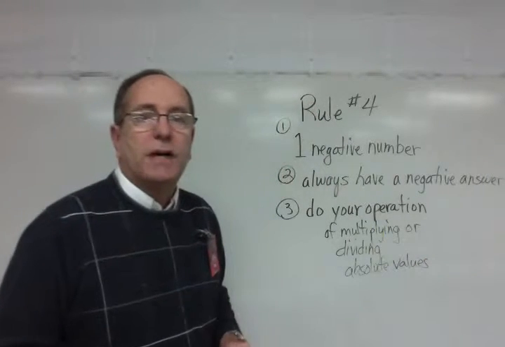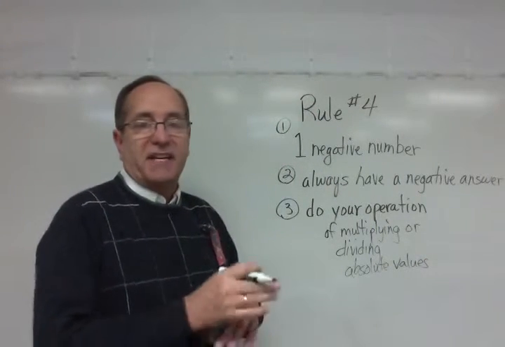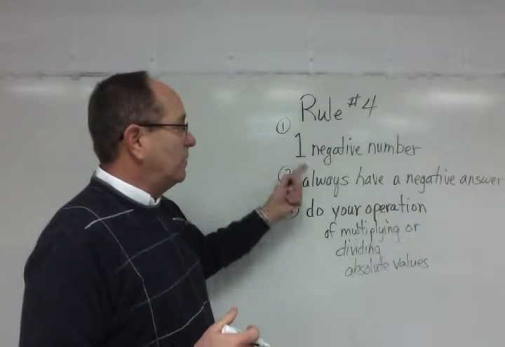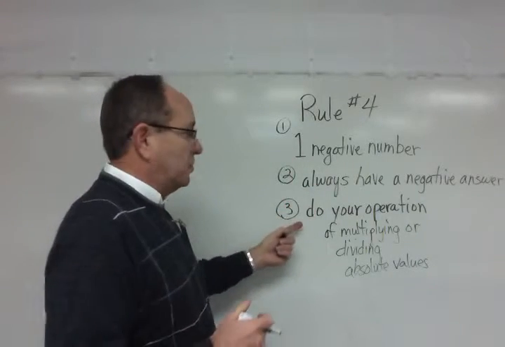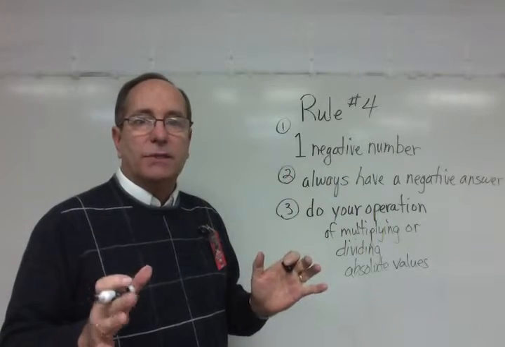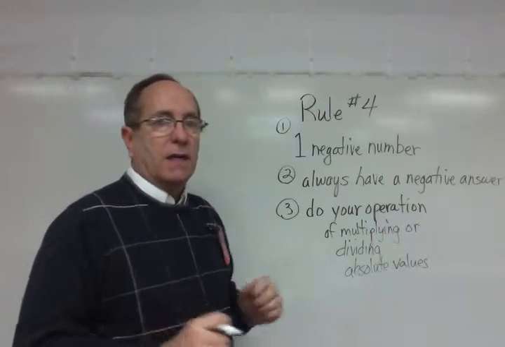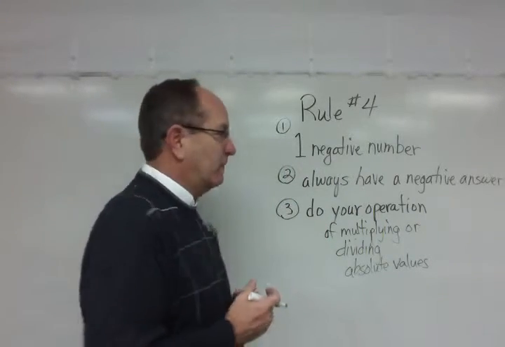So I do not want to think about that negative sign. Once I know that answer is going to be negative, just right away go to absolute values and solve it, just like you do a normal multiplying or dividing problem.